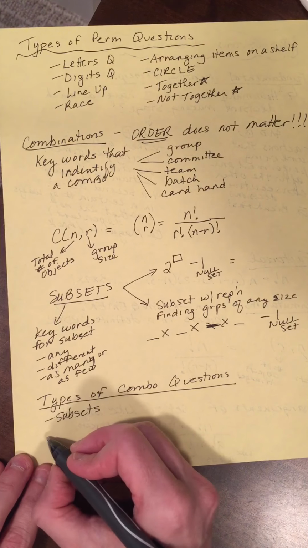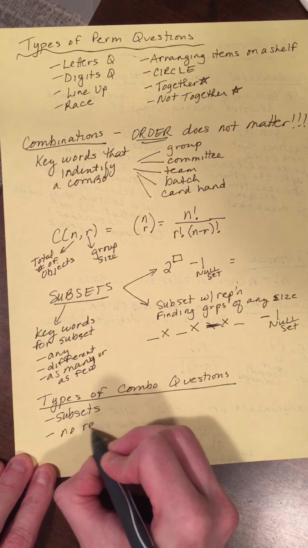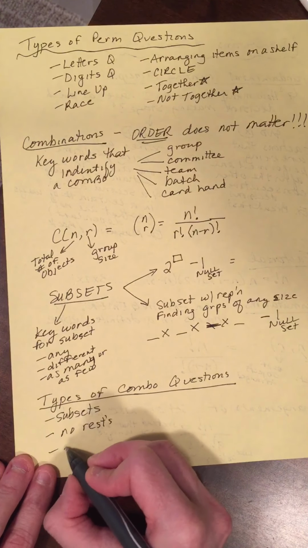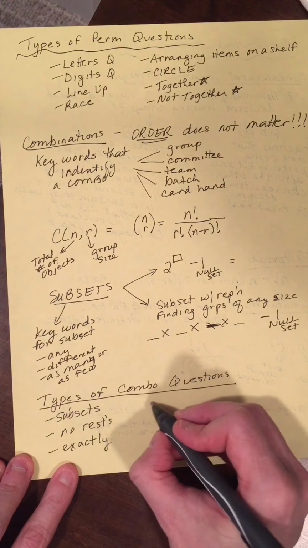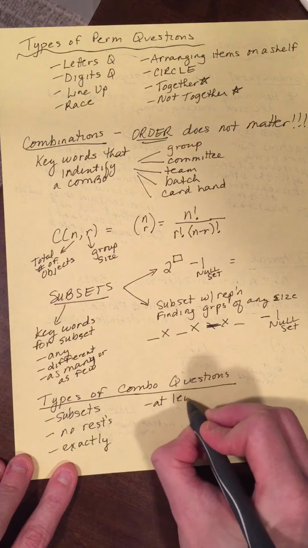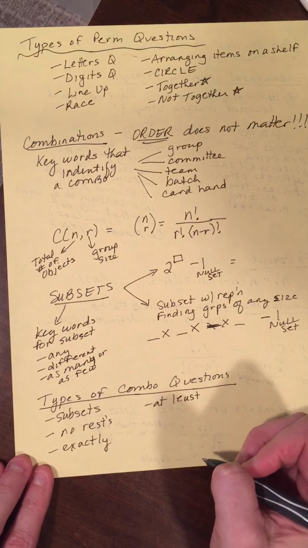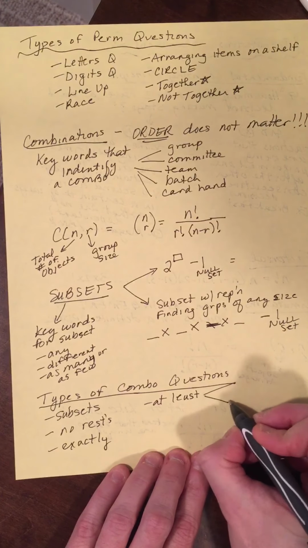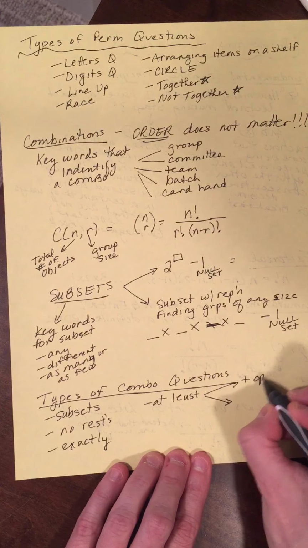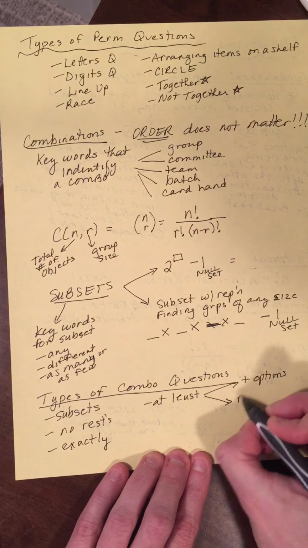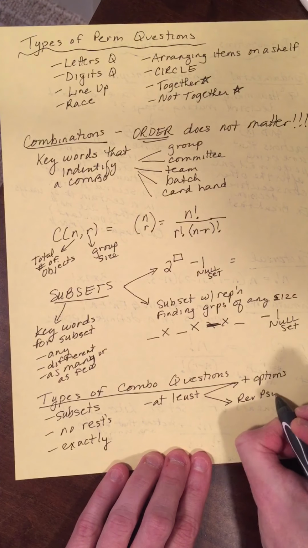There were some really nice wording. No restrictions. Exactly. At least. And remember, there's 2 types of at least questions, okay? There's the at least where you're adding the options, and there's the at least that's the reverse psych.